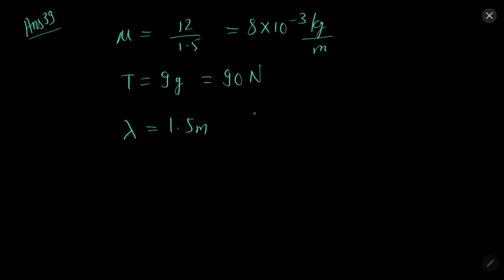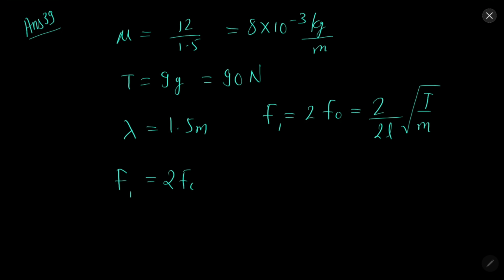Wavelength is 1.5 meter. Frequency will be twice the fundamental one. So fundamental is 1 over 2l root T over M. So f1 will come out to be 2f0, that is 70 hertz.